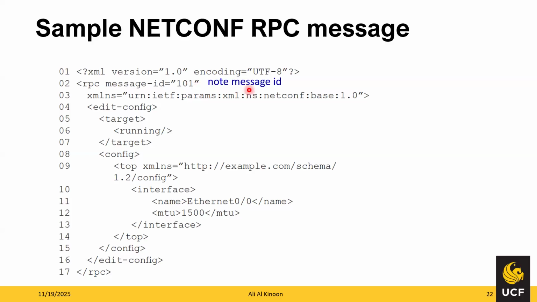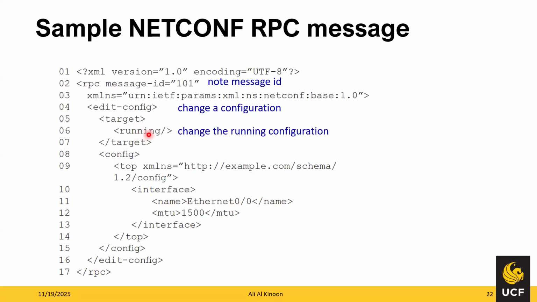This is going to be unique for each request and identifies the request that we have made. The device uses the ID to match the RPC with the correct reply. We have edit-config, an element that tells the device, hey, this message is meant to modify the data. This is one of the main NETCONF operations used to update the settings.